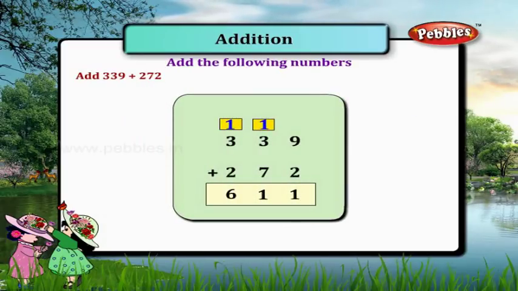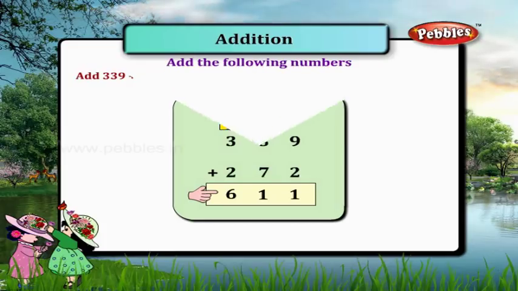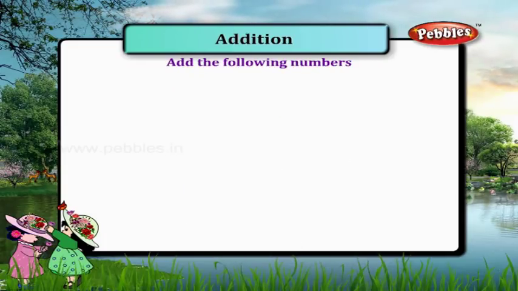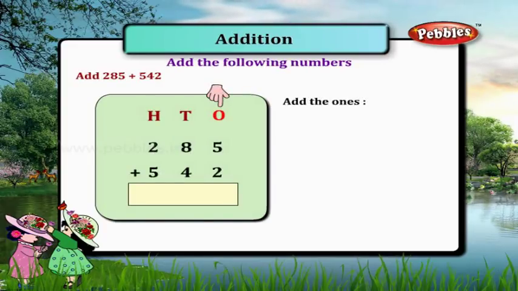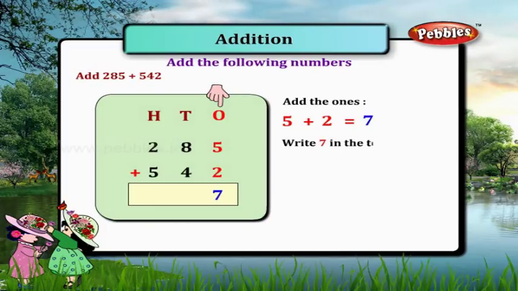So by adding 339 to 272, we get 611. Add 285 to 542. Add the ones. 5 plus 2 is equal to 7. Write 7 in the ones column.